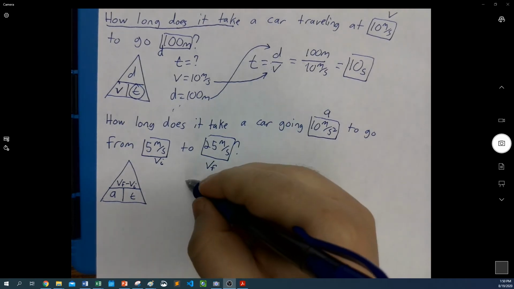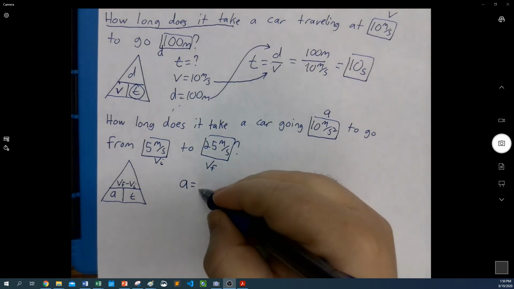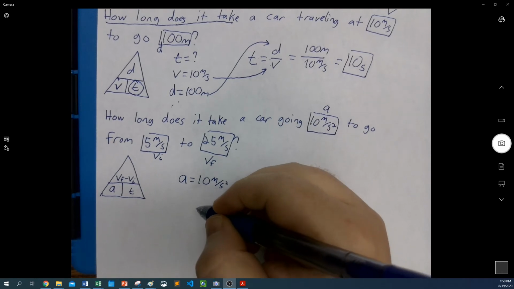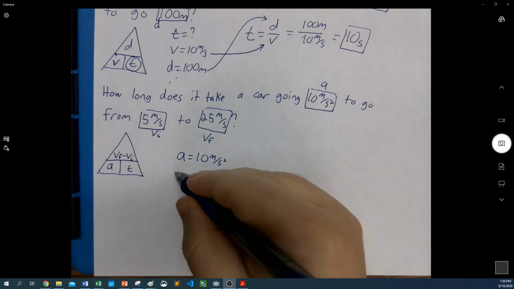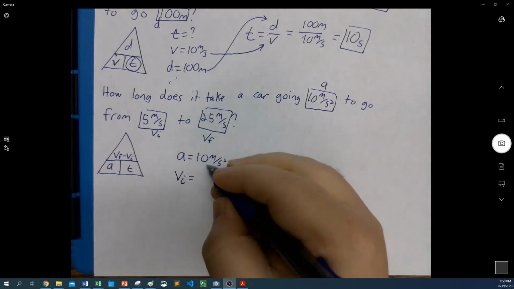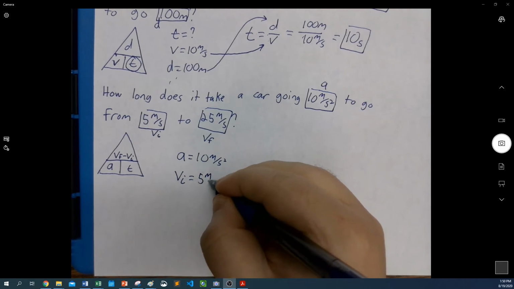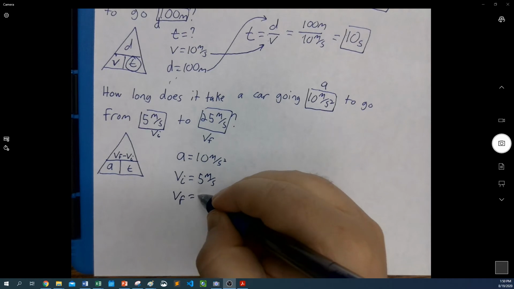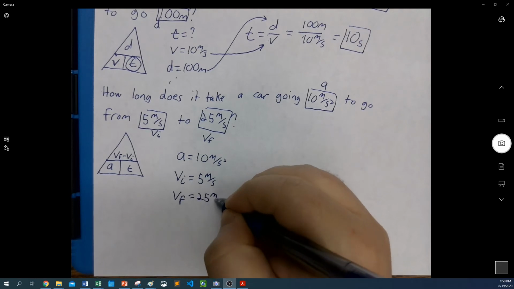So we see that A is equal to 10 meters per second squared. Initial speed or velocity is equal to 5 meters per second. And final velocity is equal to 25 meters per second.